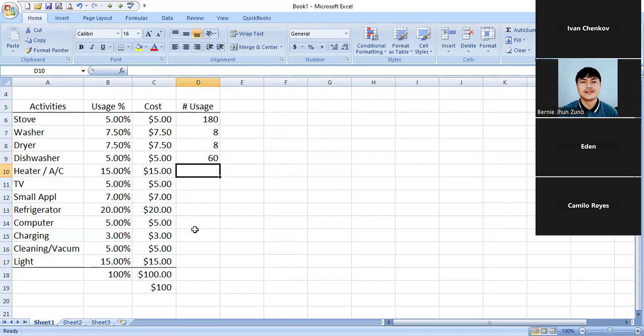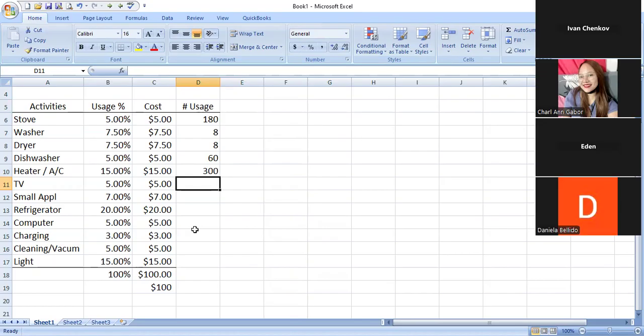So 5 hours per day times 60 days gives us 300 hours, right? TV. How many hours per day are you watching TV? Like 2 hours maybe? 2 hours times 60 days, 120 hours, right?